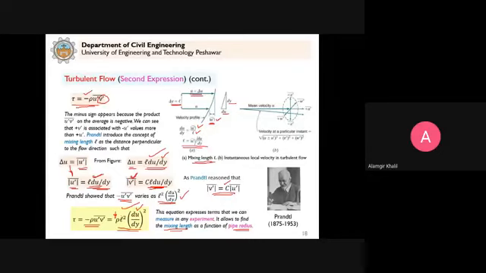Already discussed. Now this L is in terms of the shear stress, and remember the shear stress equation in terms of the radius of the pipe that we wrote earlier. So we can measure these quantities, and this is how the Prandtl mixing length theory works very well in the case of turbulent flow.